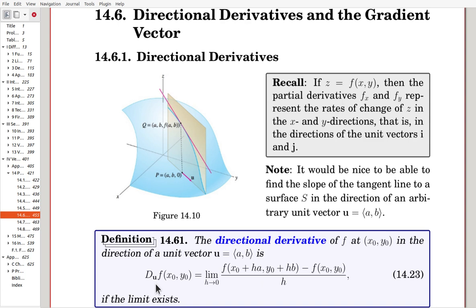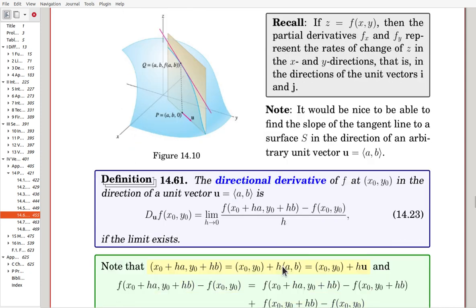Algebraically, we can define the directional derivative in this way. D sub u f, indicating the u direction, is the limit as h approaches 0 of the average slope. This point is a perturbation of that one.